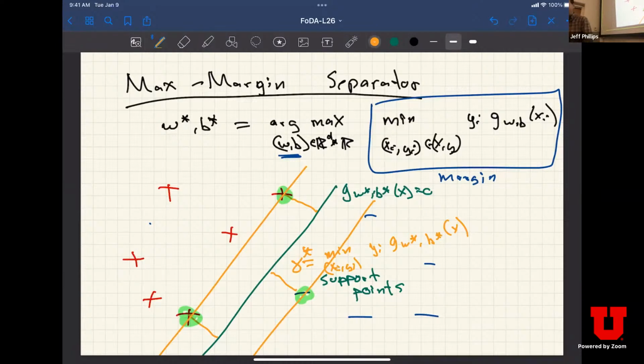So this is the max margin, which is the margin of the max margin separator.